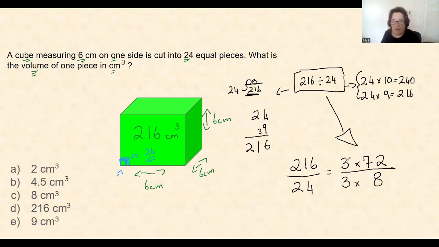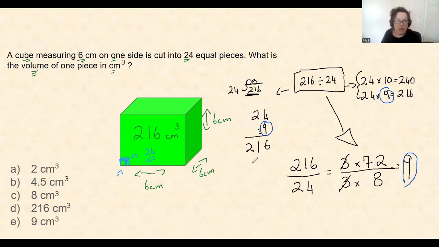And the common factor here is 3 and 3. These cancel out each other, and we're left with 72 divided by 8, which is 9. And as you can see, we also got 9 up here.